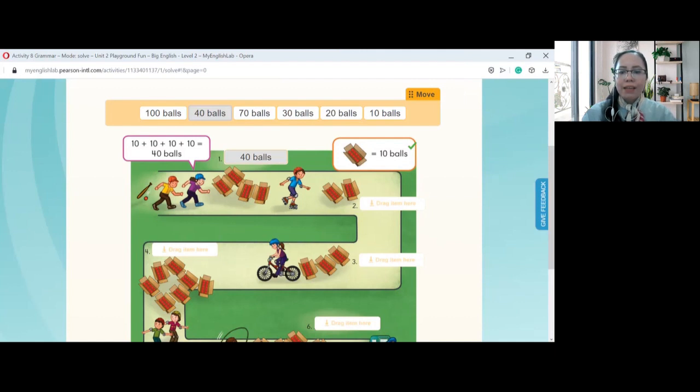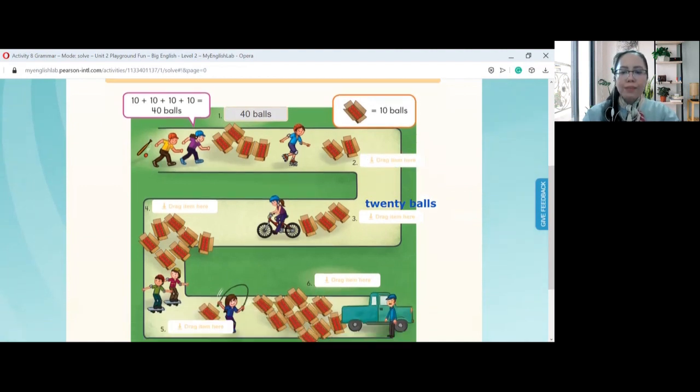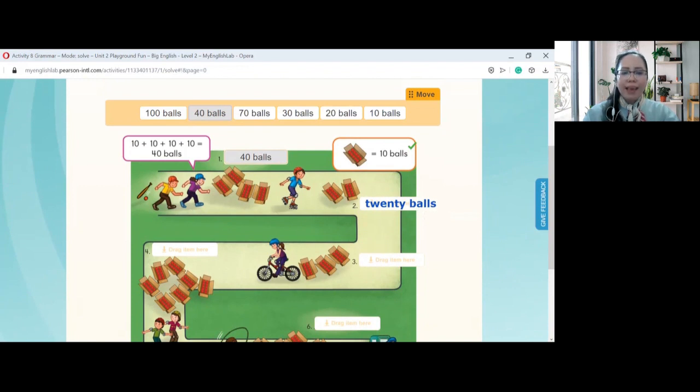Like I gave you this example, yeah, 20 balls here, okay, on the right place. Do the same with the rest, number 3, 4, 5 until 6. Understand? Yeah.